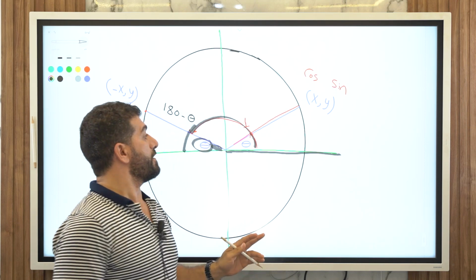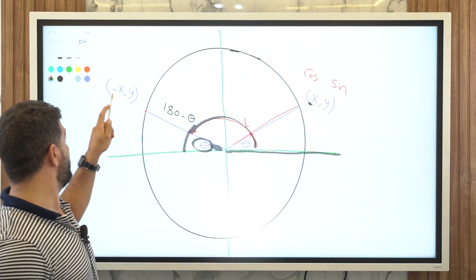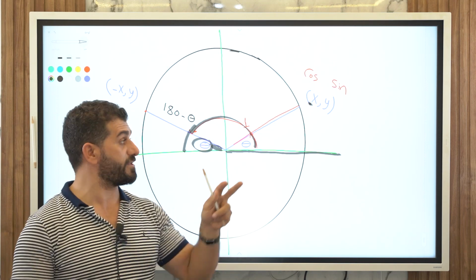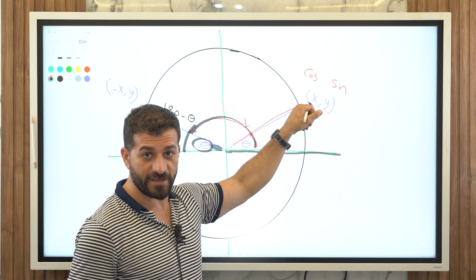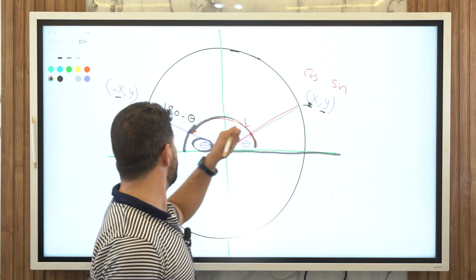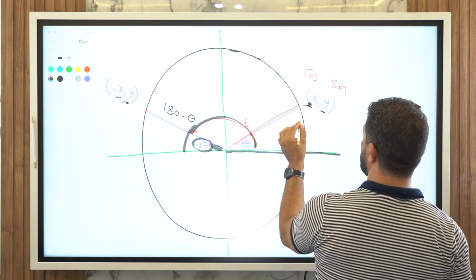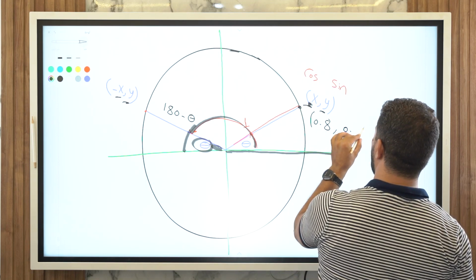Okay, you observe that x is still the same x, but there is a change in the sign. The change is only in the sign, but the value of x is the same, and the value of y remains y. So let's assume that this point here is 0.8 and 0.6.